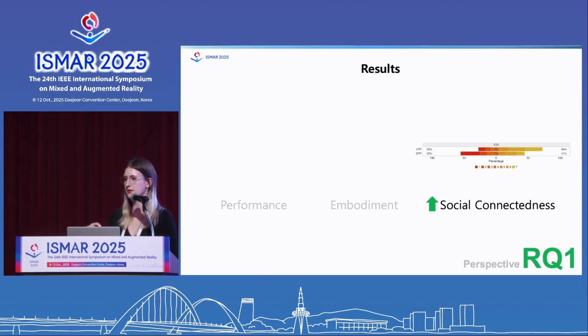They also used it to resolve conflicts in psychology, for example. So this could be a potential reason why they had the feeling, okay, I'm more connected to this person now. Also maybe the connection between themselves and the other person, because the embodiment was also higher. So this could also be, of course, because it was an unknown person, right?